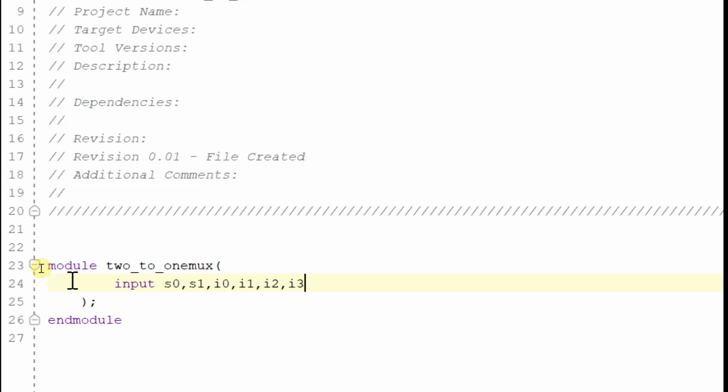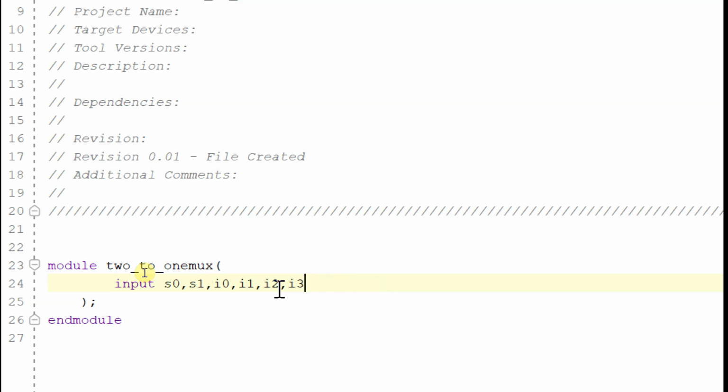And if we have a 32 cross 1 mux, then how many inputs apart from the select lines? 32, right? So if you have 32 inputs, are you going to write everything like this: I4, I5, I6, so on to 32, or is there anything you can do for that?